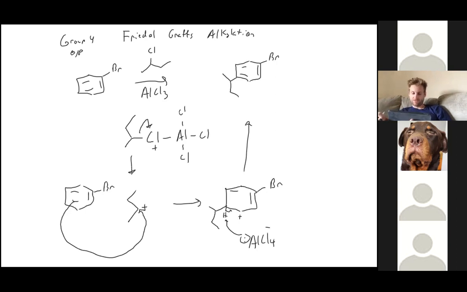And these alkylations in particular start to get into this steric concept where we're going to end up forming a major product on the para position versus the ortho position, mostly due to the fact that this is a very large group we're adding.